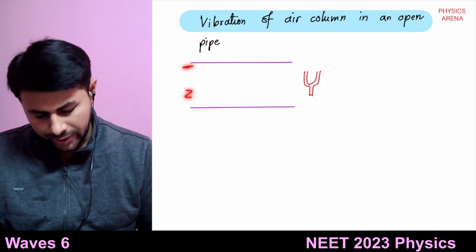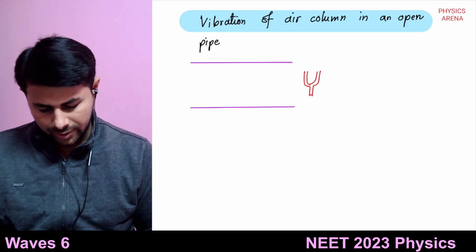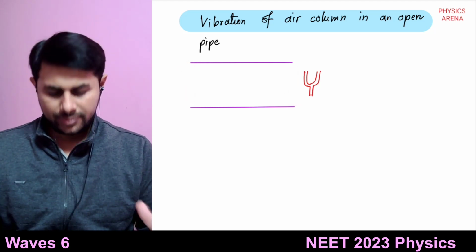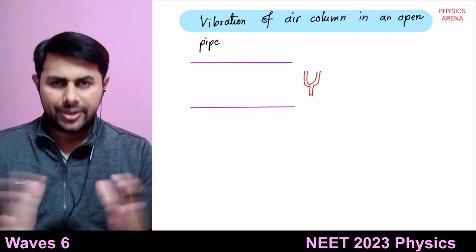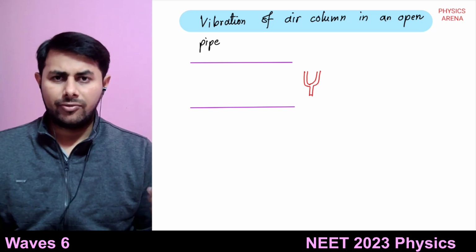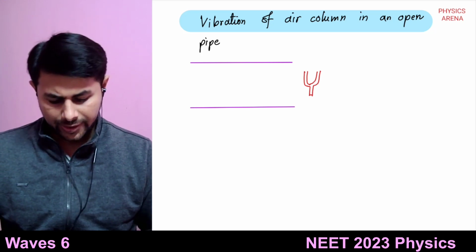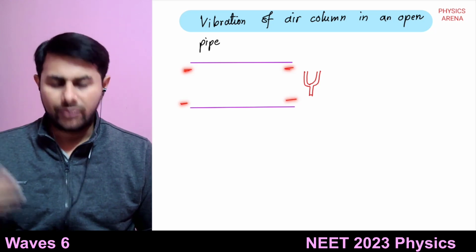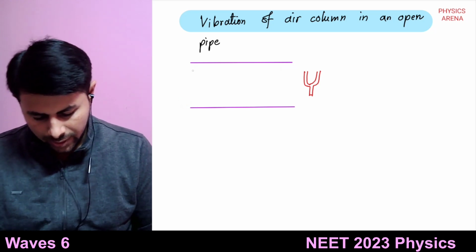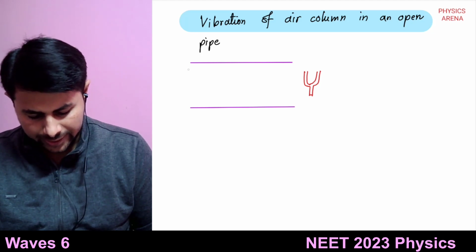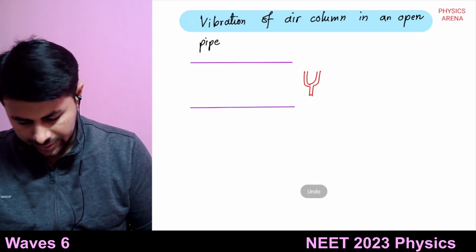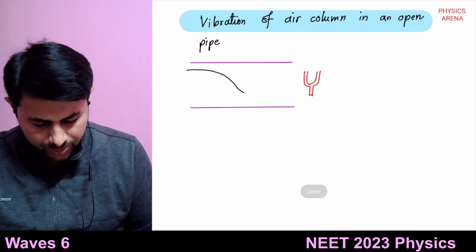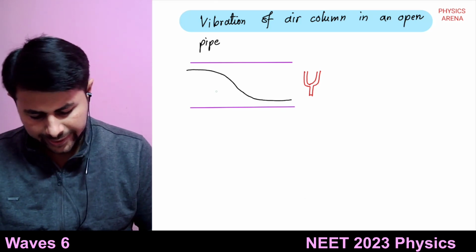So both ends are now open. That means there is maximum freedom for the vibration of air particles. Okay. So since there is maximum freedom at this end as well as this end, what will happen? An antinode is produced at both of these ends.